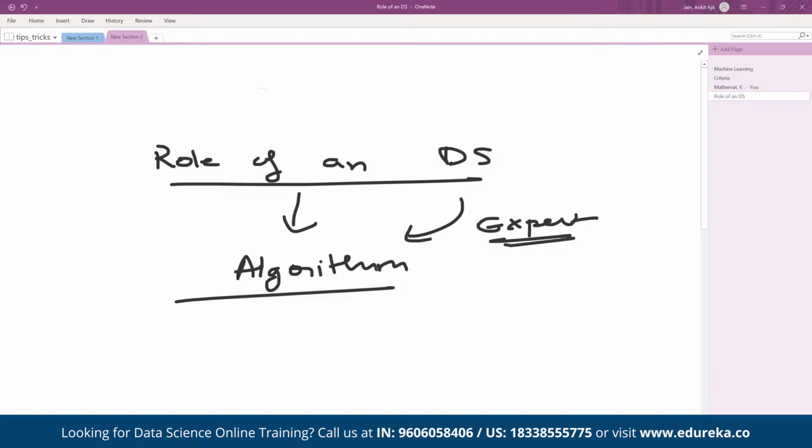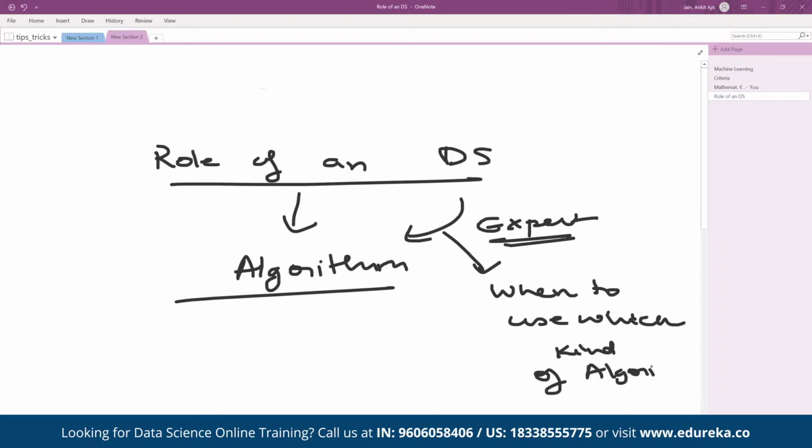Okay, you exactly understand what an algorithm is, why it should be used, when it should be used. Okay, so a data scientist knows when to use which kind of algorithm. Okay, so this is the role of us.